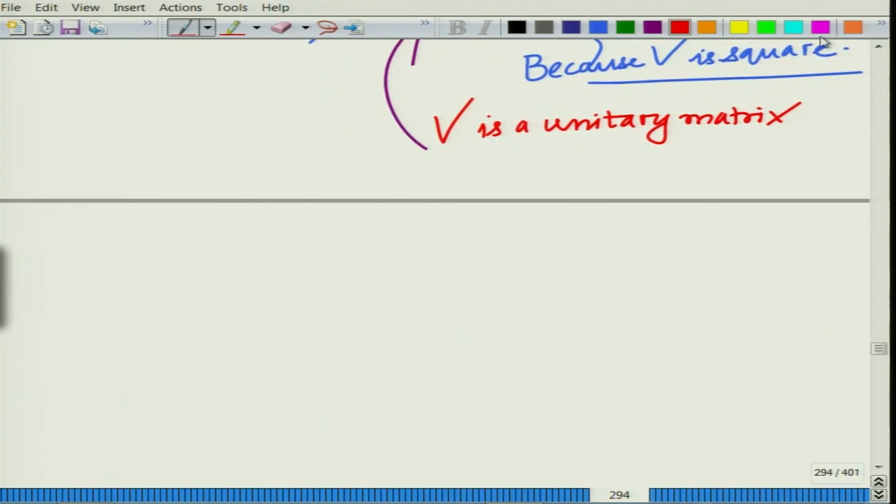And the matrix sigma has an interesting structure. Now, we come to sigma, which you can write as sigma equals diag of sigma 1 and so on. This is a diagonal matrix.